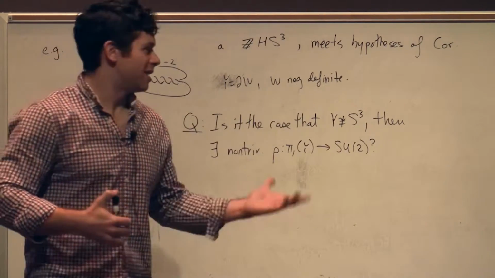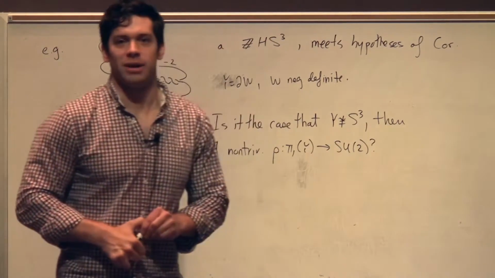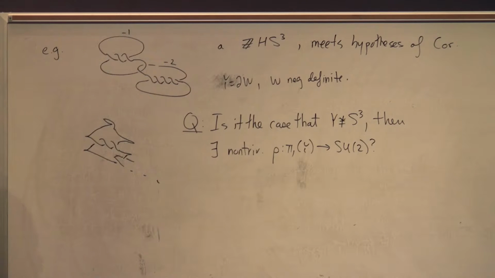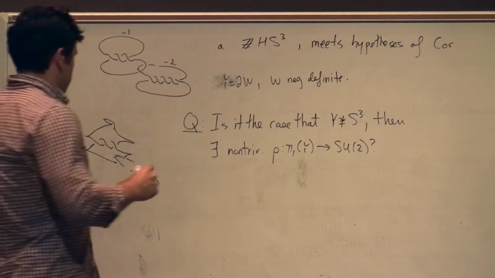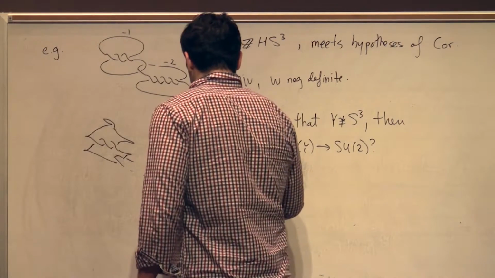Is this corollary, in a way, obviously true without relying on the theorem? I think this is probably a really hard question. We've known for a while that the answer is yes.